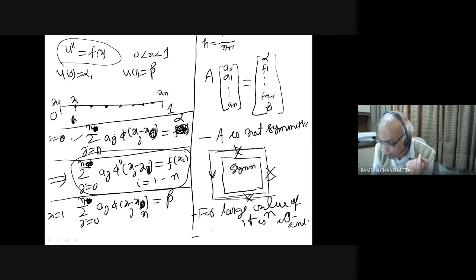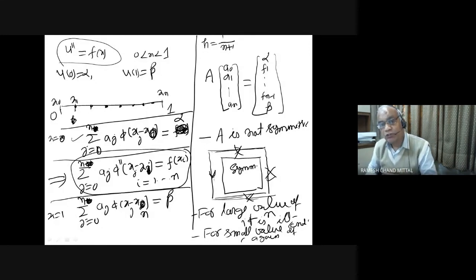The second is that for a small value of c, again it creates a problem, ill condition. So please understand what c is. c is a shape parameter, and when c is very small, c is coming in the diagonal element side.